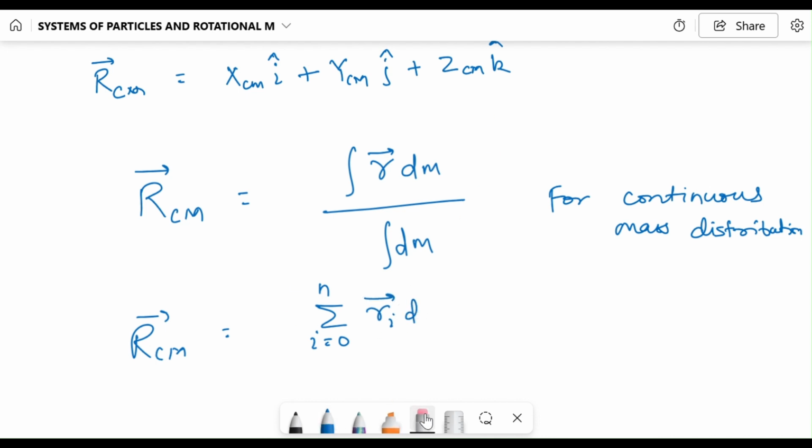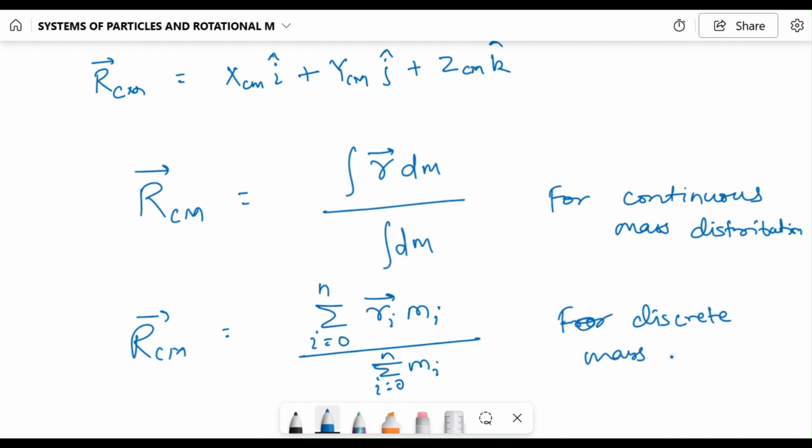Rather, here we are choosing discrete masses, so we will have those masses mi, divided by the sum of mi, for a discrete mass distribution.